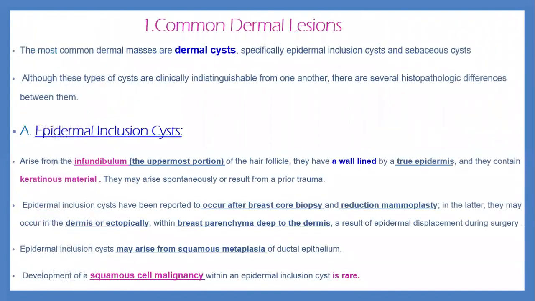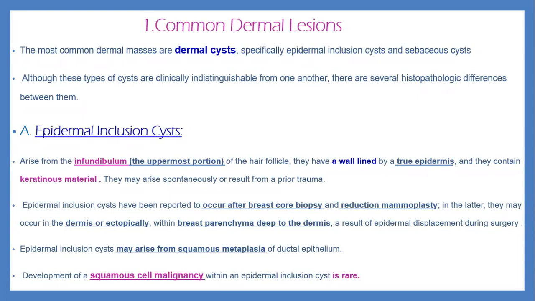Common dermal lesions, we describe the dermal lesions as either epidermal inclusion cyst or sebaceous cyst. Epidermal inclusion cyst arises from the infundibulum, from the uppermost portion of the hair follicle, which is the part seen within the epidermis.